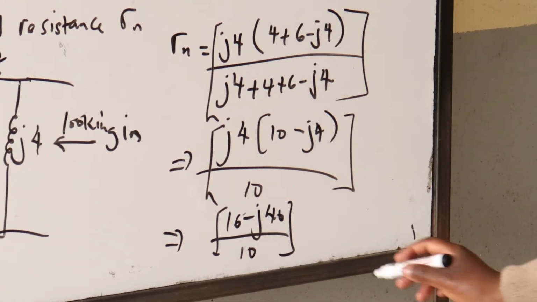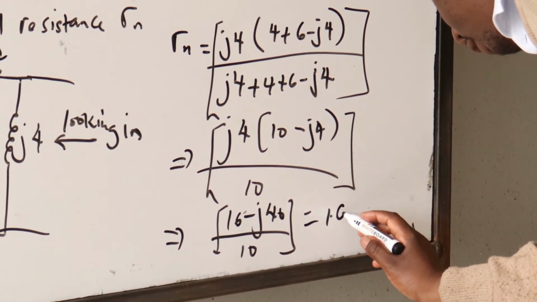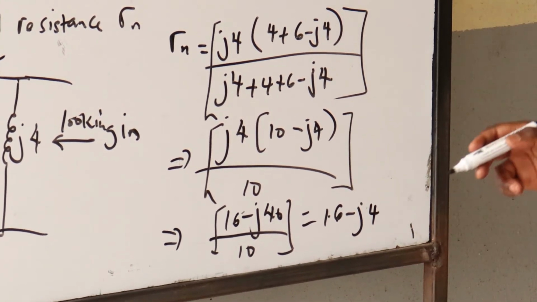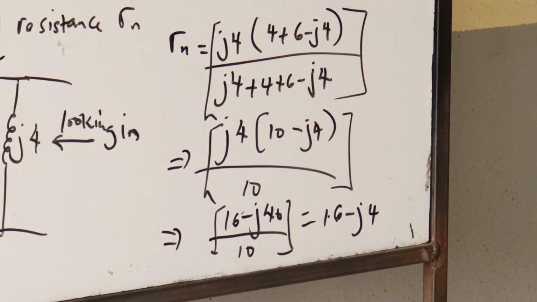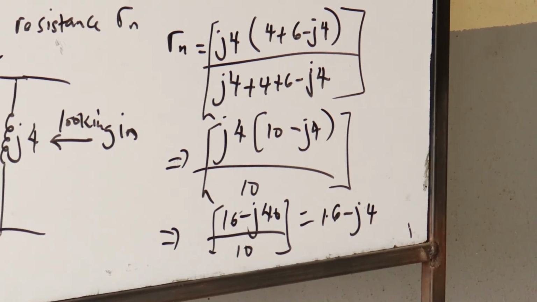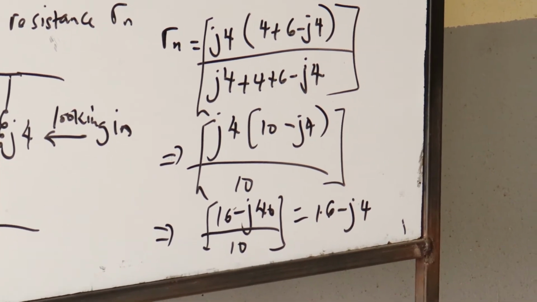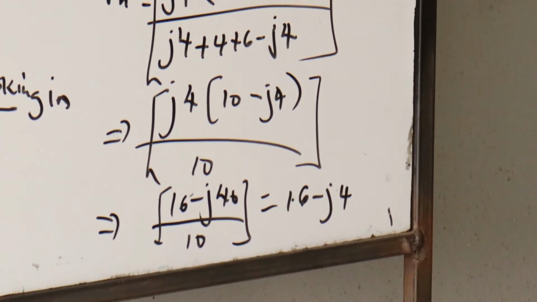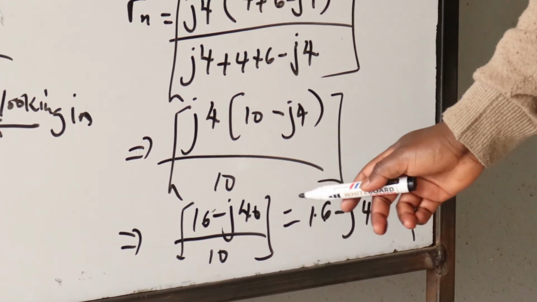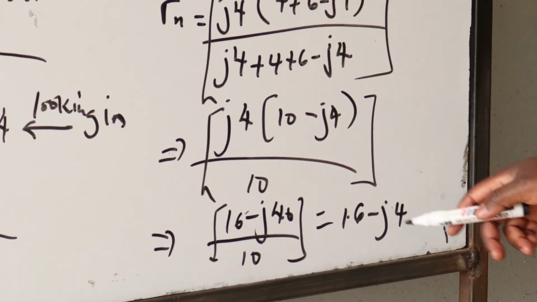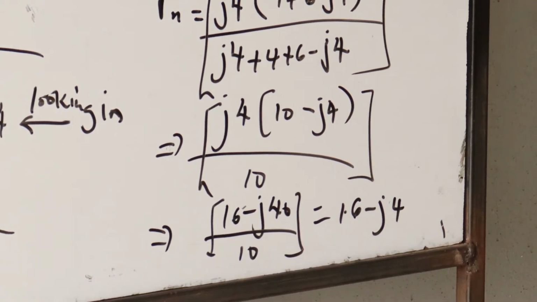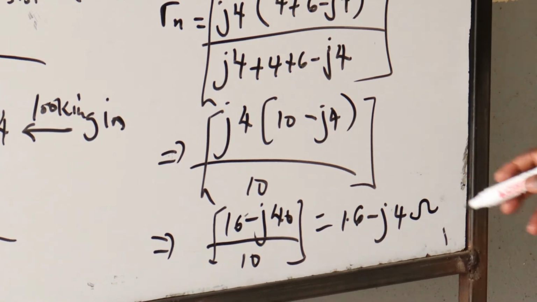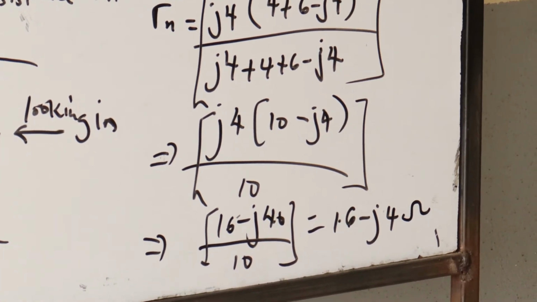We can divide through first, then you have 1.6 minus j4. 10 into 16 is 1.6, 10 into 40 is 4. This is now in ohms, and we need to convert it into polar for the purpose of analysis also.